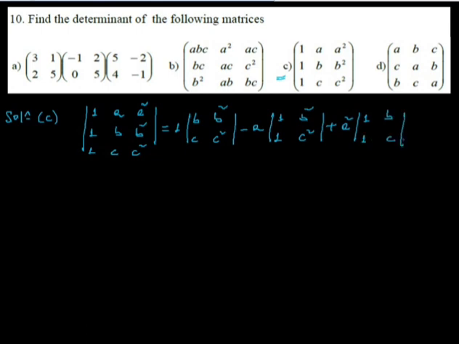So the result is 1 times bc square minus cb square, minus a times c square minus b square, plus a square times c minus b.